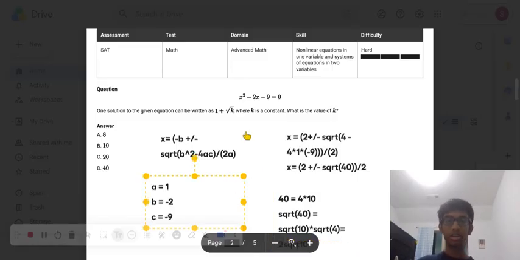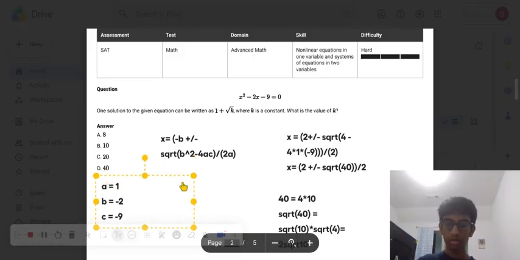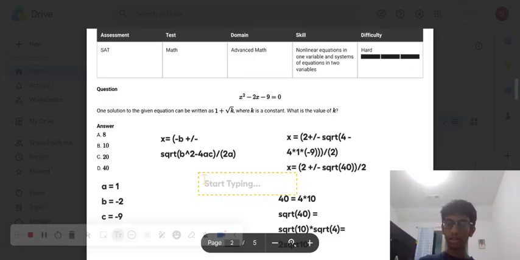I know it might be a bit hard to see, so I'll move this out of the way. So now we have x is equal to 2 plus or minus 2 square root 10, all of that over 2.